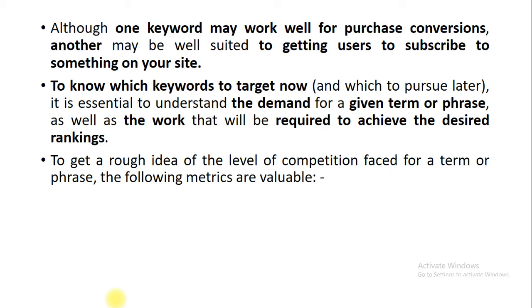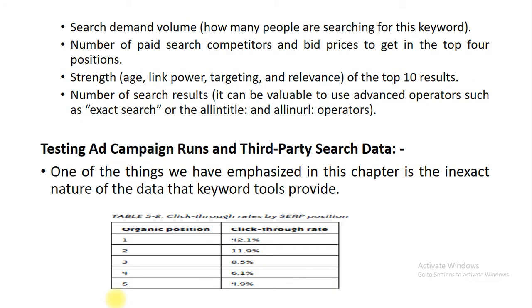To know which keyword to target, it is essential to understand the demand for a given term or phrase, as well as the work that will be required to achieve the desired ranking. So for that you need a rough idea of the level of competition faced for a term or phrase. The following metrics are valuable: search demand volume, number of paid search competitors, and bid price.